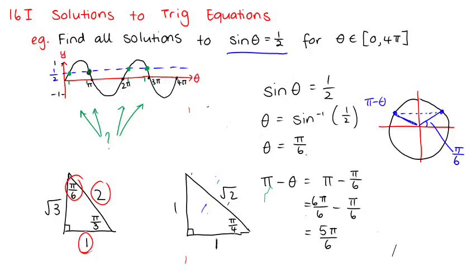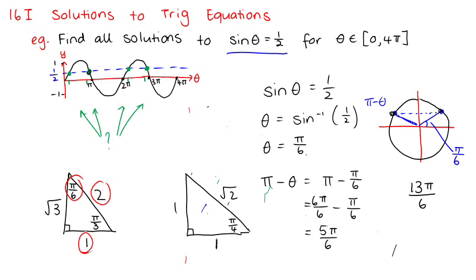Yeah, so we've got this one here. We had pi on 6. We went all the way around to this one. We get 5 pi on 6. We're going to go all the way back around. What's that point going to be again? We've got 2 pi plus another pi on 6. So we'll have 13 pi on 6, because 12 would be 2 lots of 6 and then plus another 6.